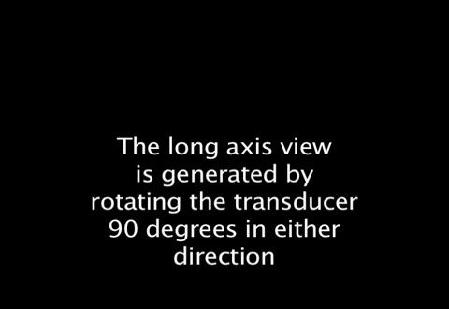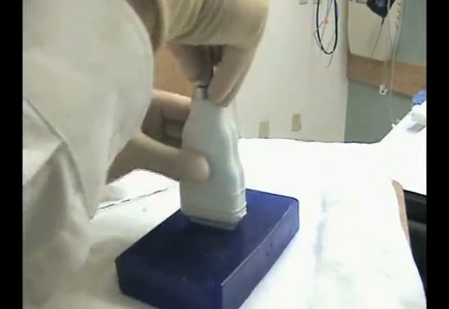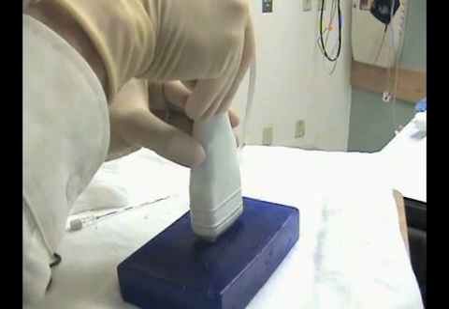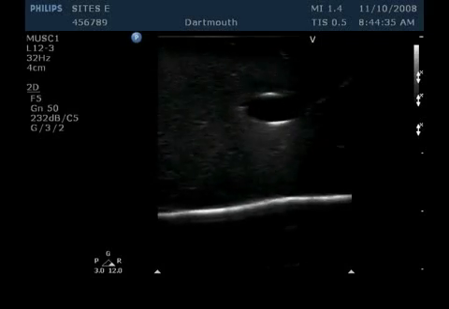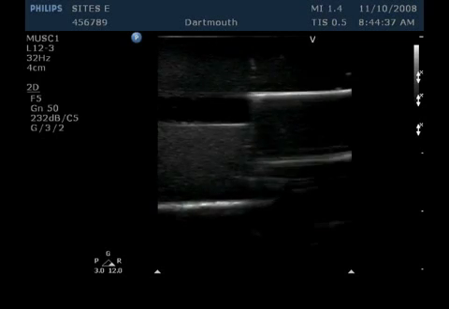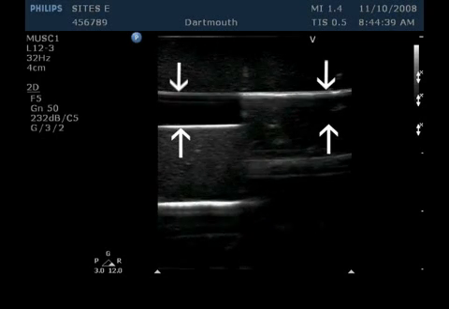The long axis view of this structure is generated by rotating the transducer 90 degrees in either direction, as demonstrated here. Here is the demonstration of the corresponding ultrasound image, in which the short axis view is transformed into the long axis view.